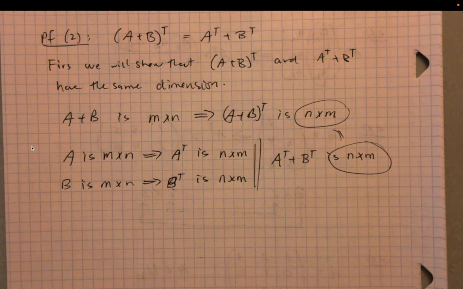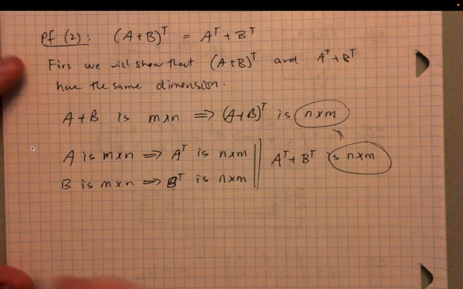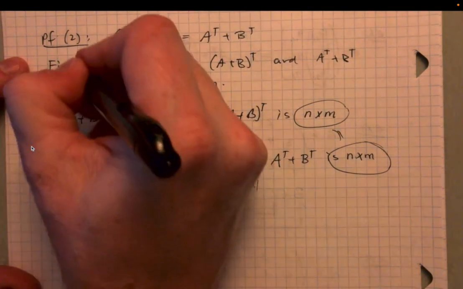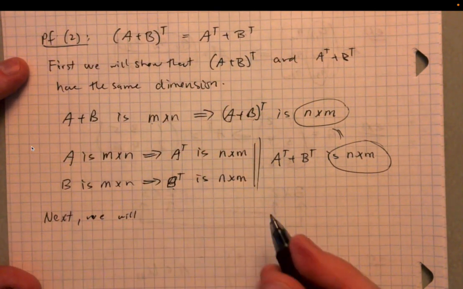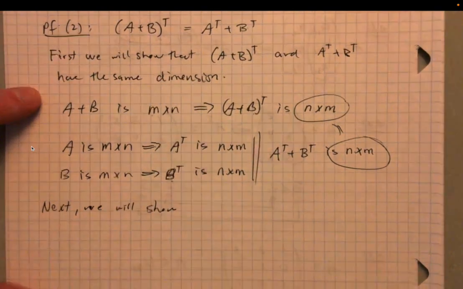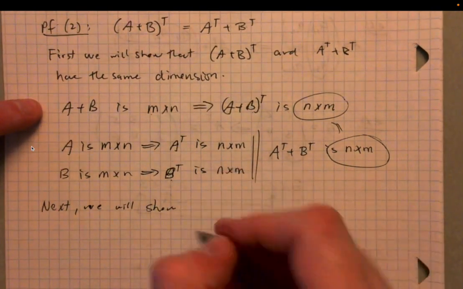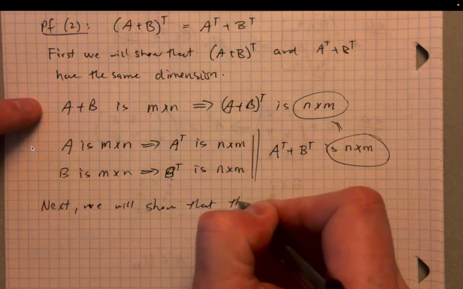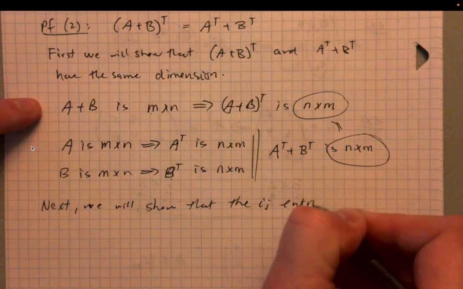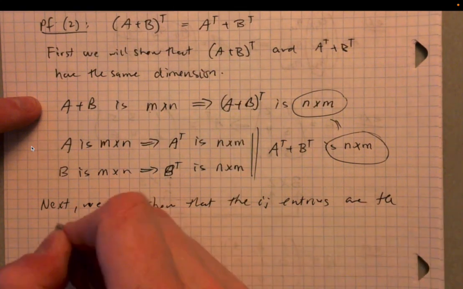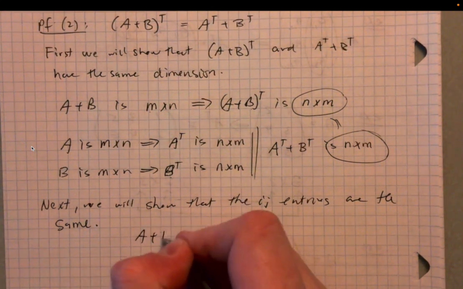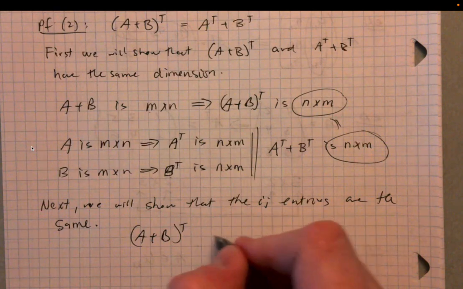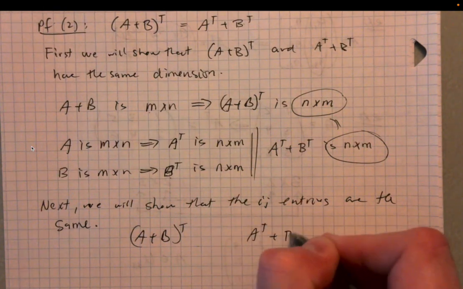And so what we need to show next is that the ij entries are the same. Namely, the ij entry of (A plus B) transpose and of A transpose plus B transpose.